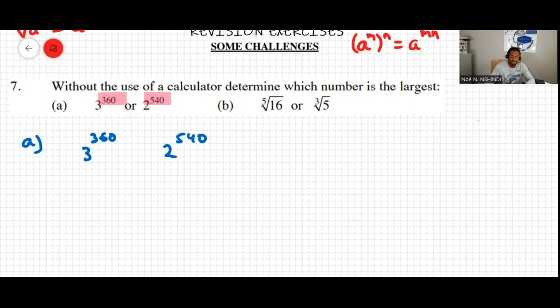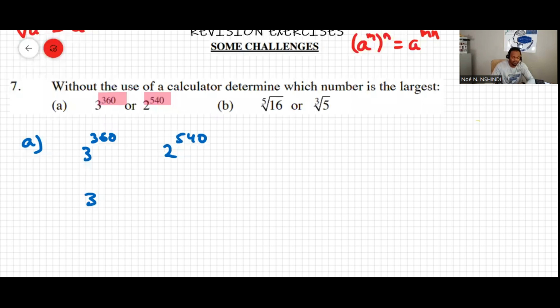We can reduce the exponent because it's quite large. So I can write 3 to the 360 as 3 to the power of, let's say, 10, or 36.